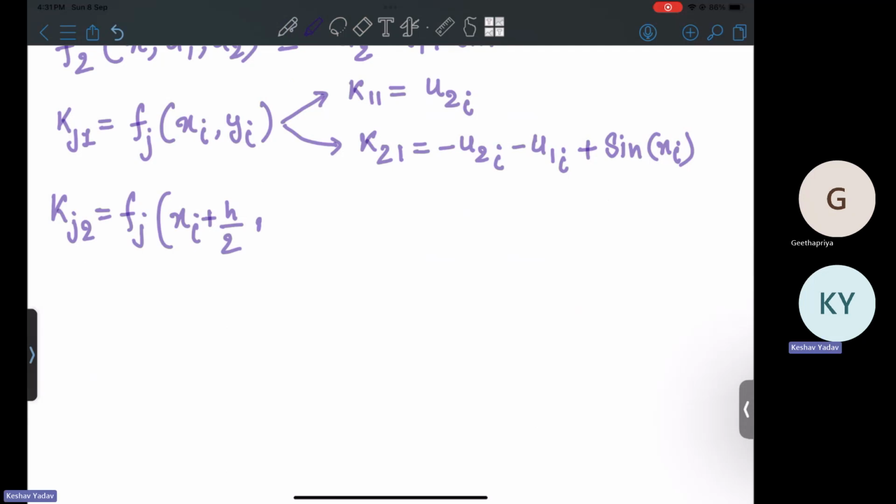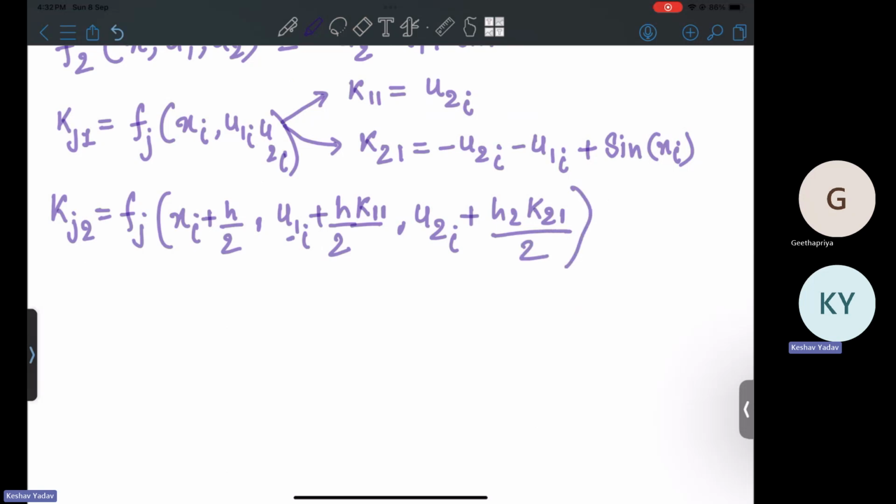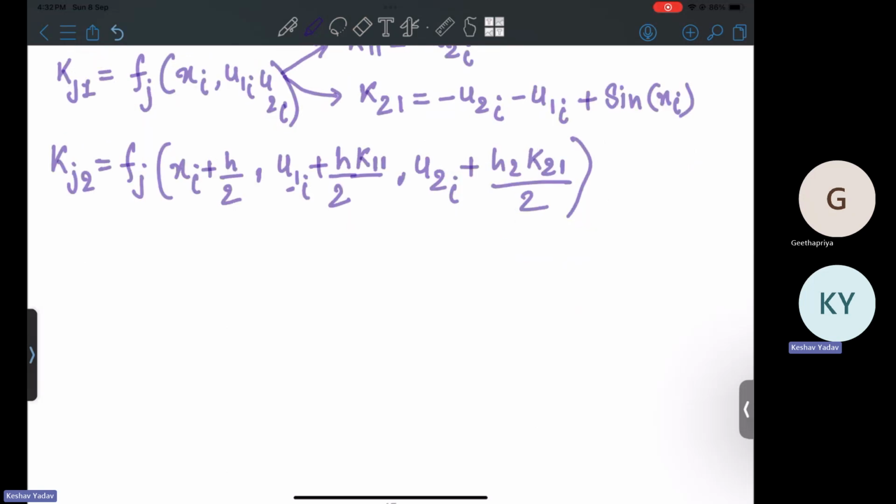So comma, u1i plus h by 2 times k from the first equation, first value, comma u2i plus h by 2 times k from the second equation, first value. Okay. So this will be k2j.